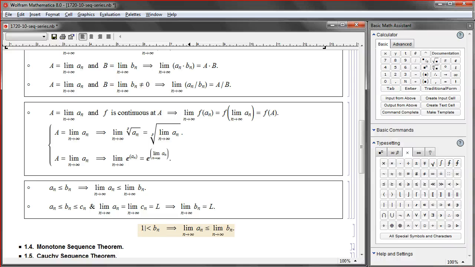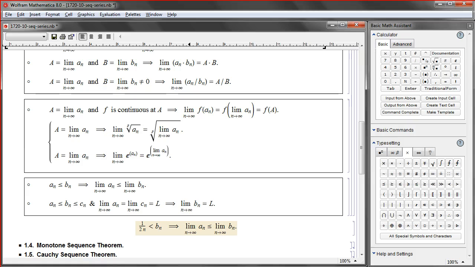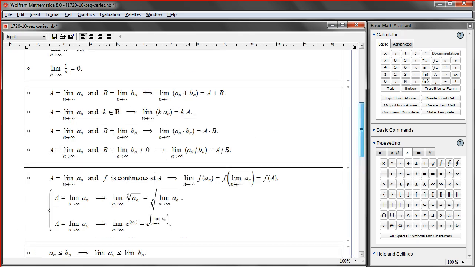Kind of like this, 1 over 2n versus 1 over n. In that case, the limit of 1 over 2n and the limit of 1 over n are the same. So strict inequality does not translate there.